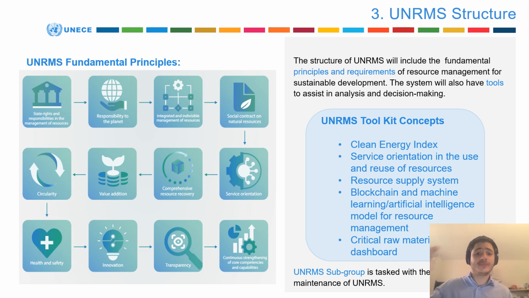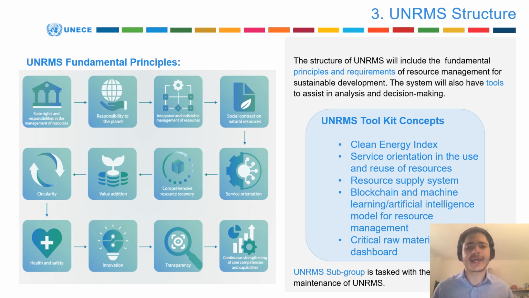Now, beyond these principles, UNRMS also includes a comprehensive toolkit designed to facilitate decision making and optimize resource management. Now, these tools provide standardized methodologies and approaches to achieve the objectives of UNRMS.